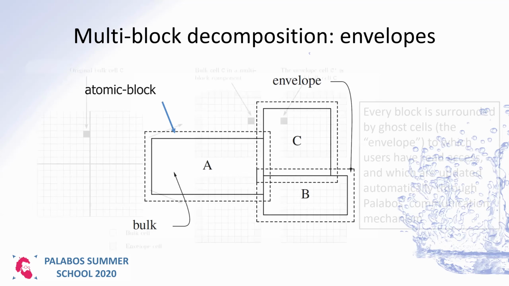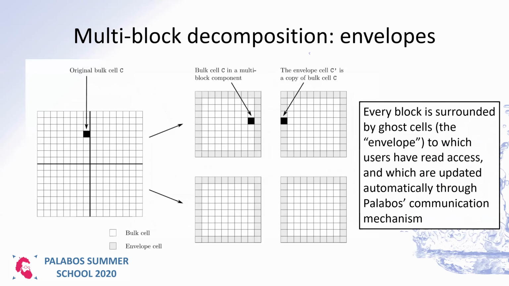These envelopes, I show you again a similar simulation, this time a bit more schematic. And this time, in this case now, the full domain is a square, and it has been split into 4 atomic blocks, all of which have the same size. Okay, so you see from left to right how the full multi-block is split into 4 atomic blocks. And in this example, you see the individual cells.